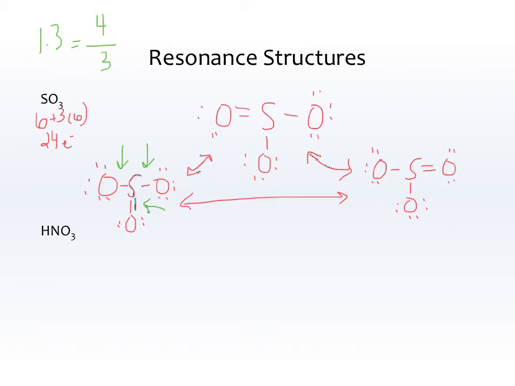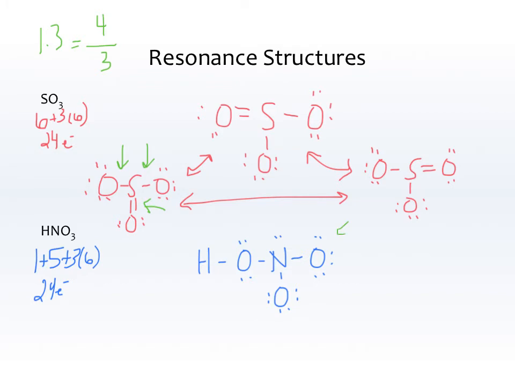Let's look at HNO3. H is 1, N is 5, 3 times oxygen, 18 plus 6 is 24 electrons. Remember, nitrogen goes in the center, the oxygens go around it, and the hydrogen picks an oxygen. Now I'm going to give everybody an octet, and then count them up.